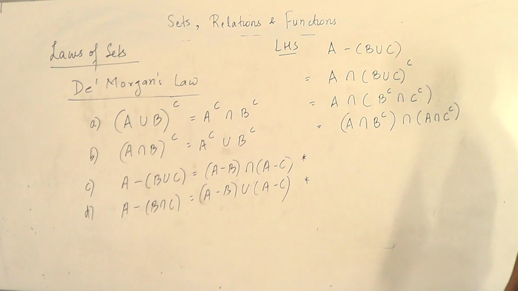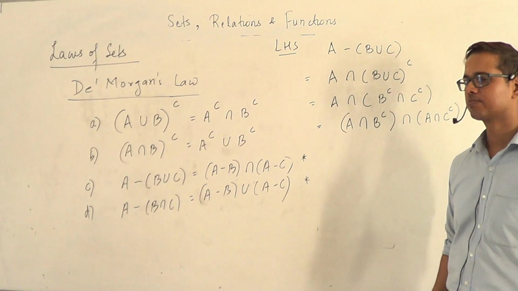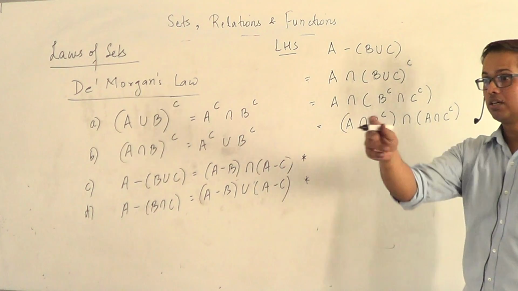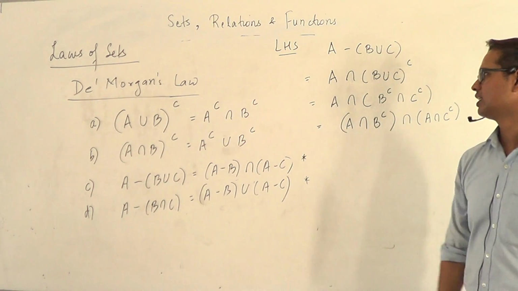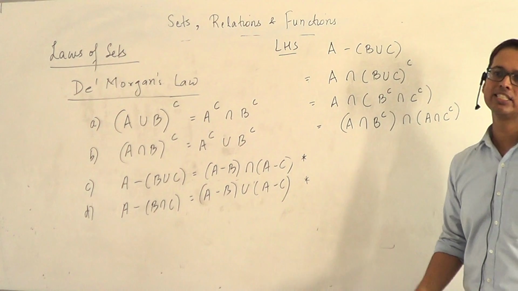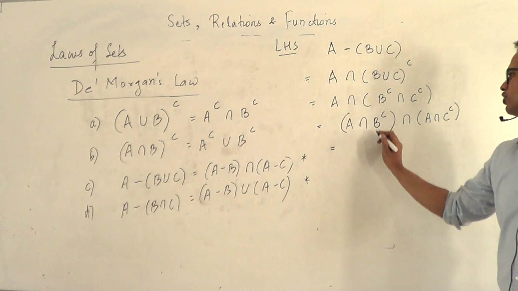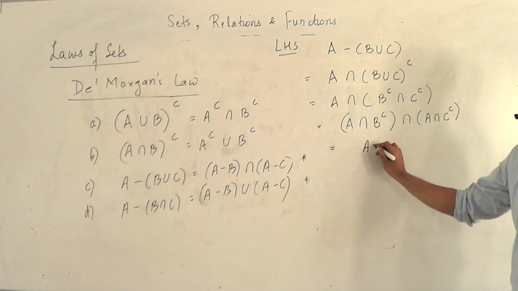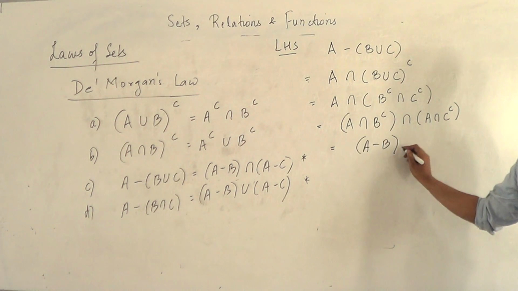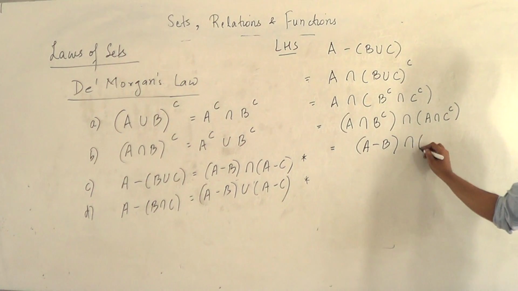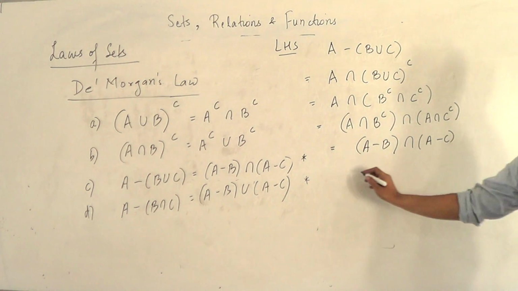In order to better justify that, we could just say A is equal to A intersection A, as we told in the idempotent law. So you can write this as A intersection B complement, which is A minus B, intersection A intersection C complement, which is A minus C, which is your RHS.